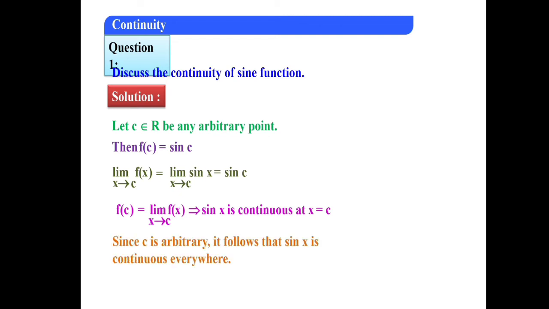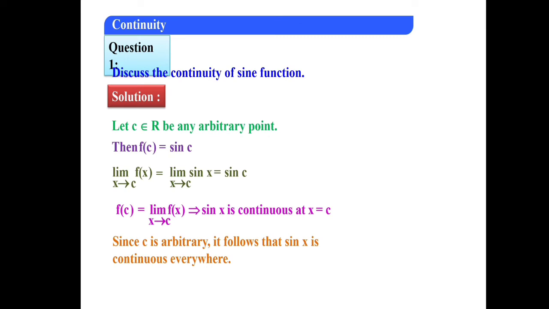So it follows that sin x is continuous everywhere, for all the points. So remember students, from now onwards, the sin x function or sin theta, whatever variable you take, theta, alpha, x, the sine function is always continuous for all numbers.